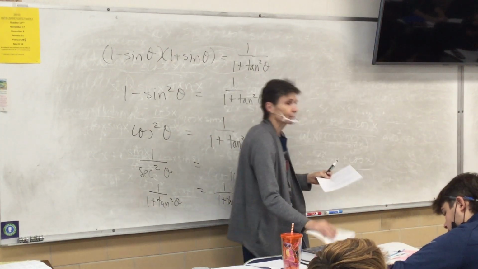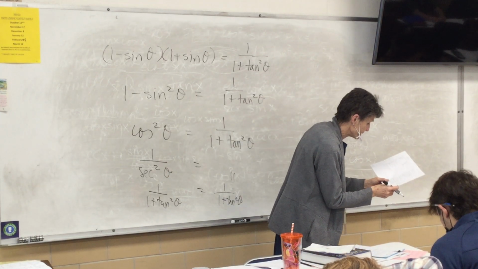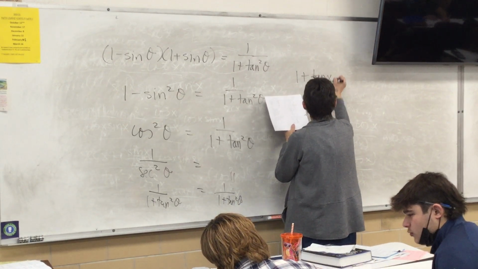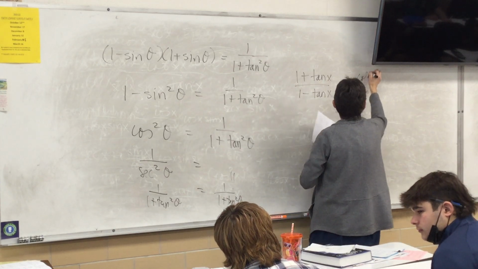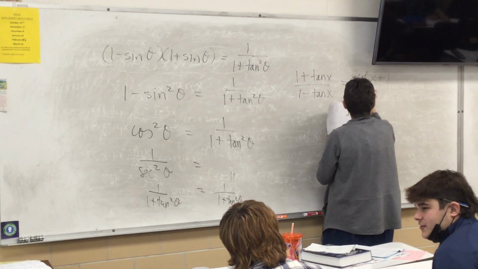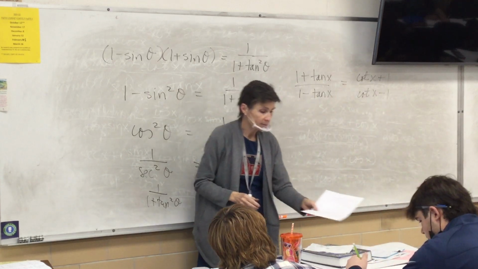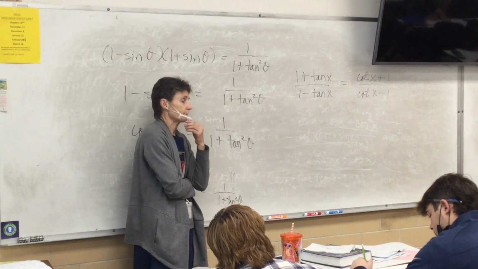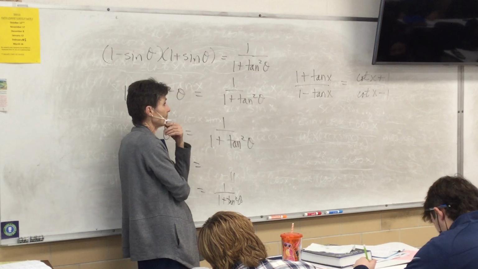And let's do this one. Number 19. Oh, this is a good one to do. This is number 19 on worksheet 2. And it illustrates another kind of hint that I have for you.